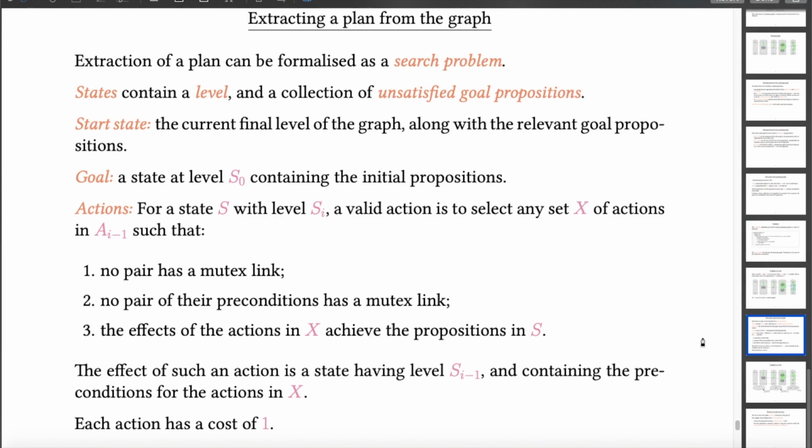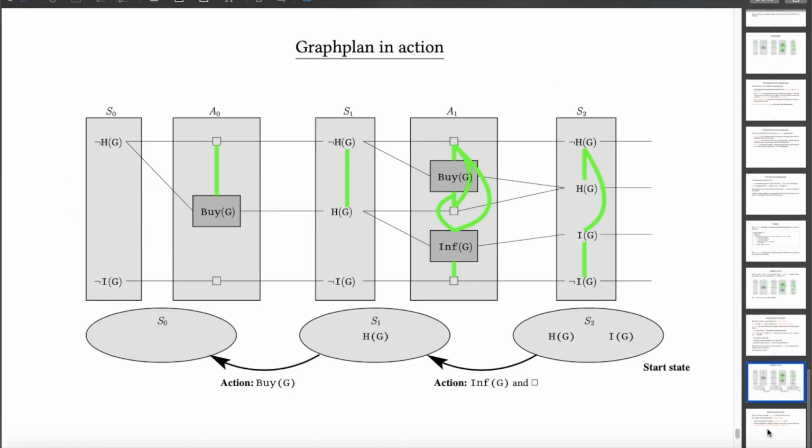Now, this takes a little bit of unpicking because unfortunately now I have to talk about two different kinds of action. Actions within the planning graph and actions within this intelligent search problem for extracting a plan. But hopefully, if I continue the pictorial example, this process will become clear. So here is the running example, and this is the situation we've found ourselves in.